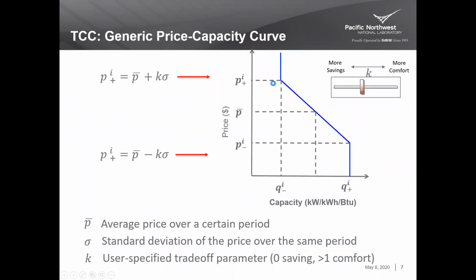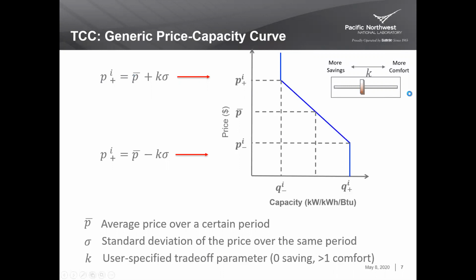So this is a look at just generally what the price capacity curve for any of the TCC agents would look like. Basically, you have a minimum and maximum price that is calculated based on the average price over a certain period, and this could be the average price over the previous 24 hours or some other period.